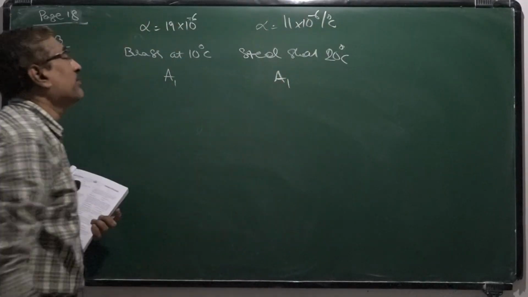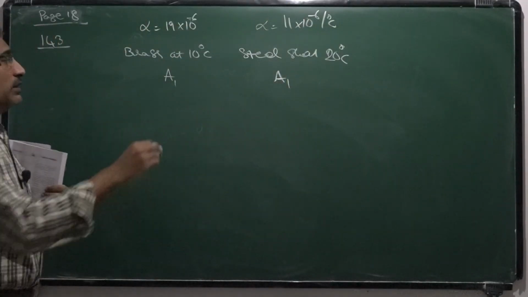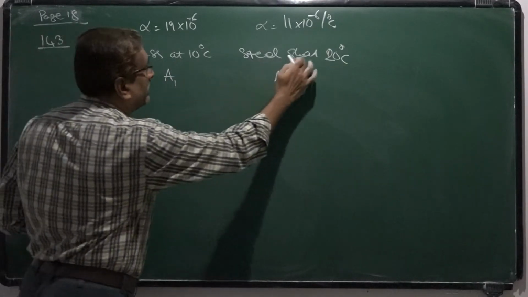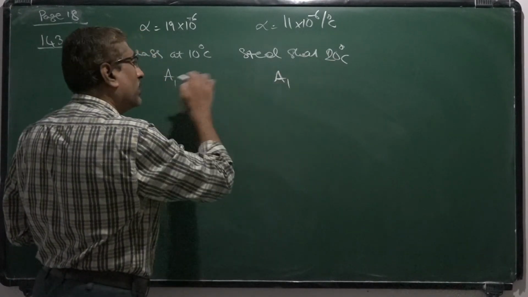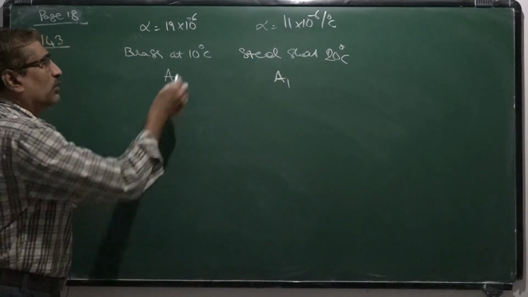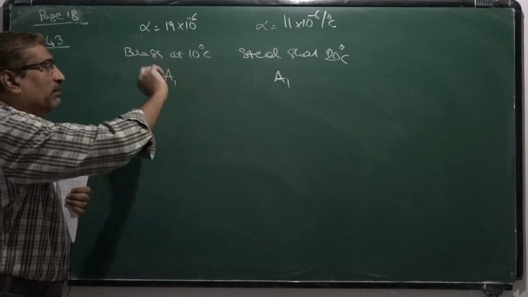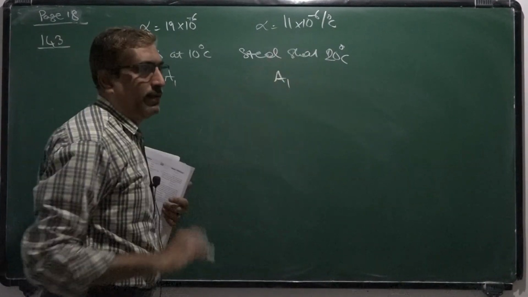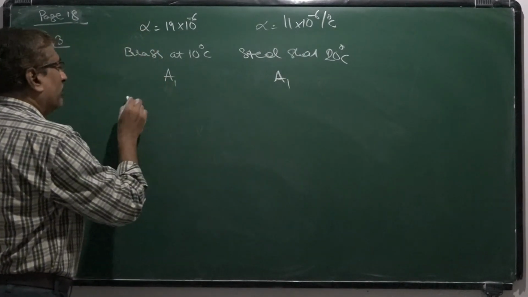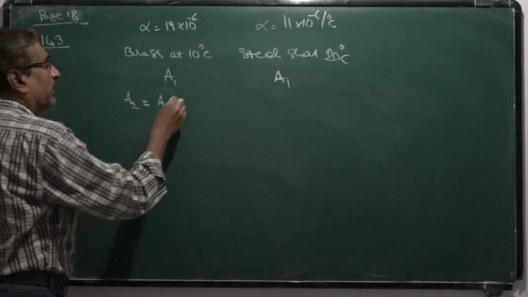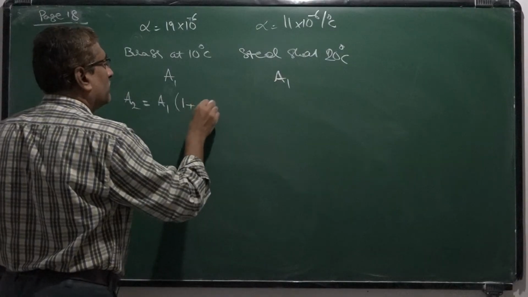These are given. So a brass sheet at 10 degrees has area A1, steel sheet at 20 degrees centigrade also has the same area A1. So the final common temperature at which again both these sheets will possess same area. So now calculate A2 for this one. A2 for brass equal to initial area A1 into 1 plus beta delta T.